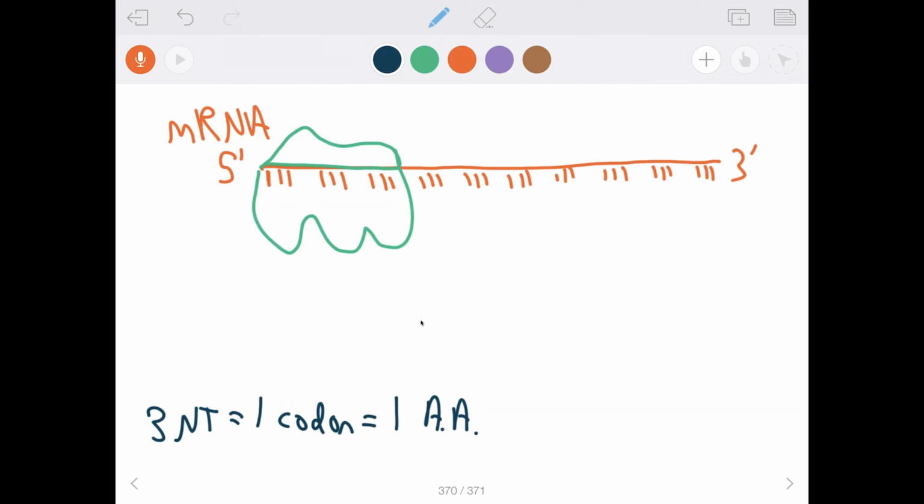So we have AUG right there. There's our first one. Now, it doesn't matter what the next ones are, so I'm going to write CCC, ACC. Okay, we're going to do that.